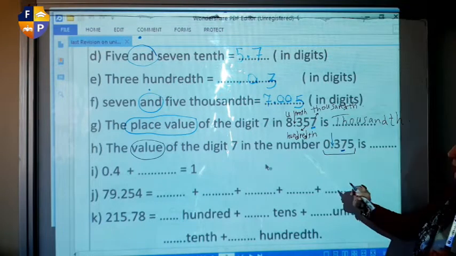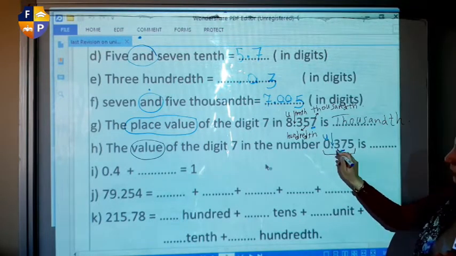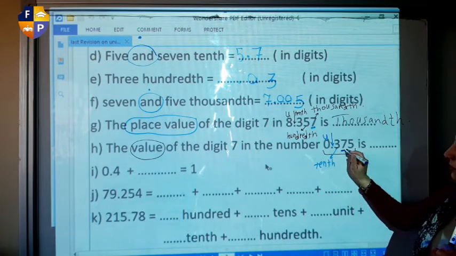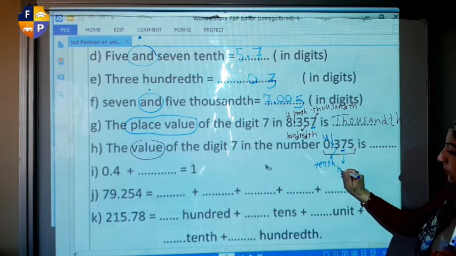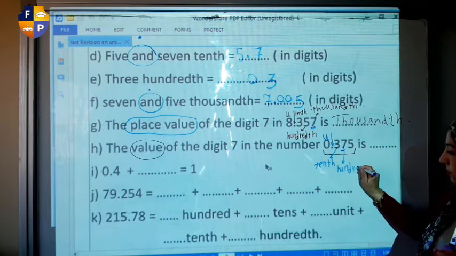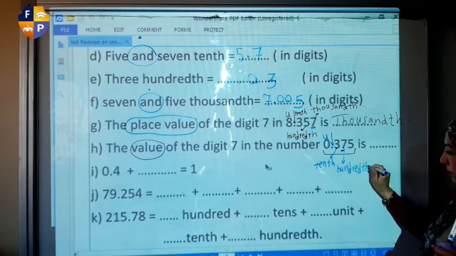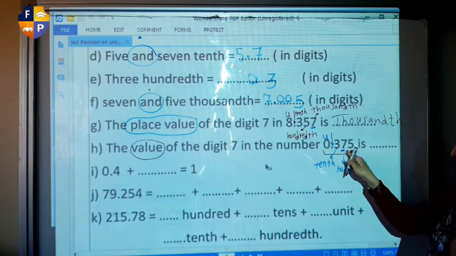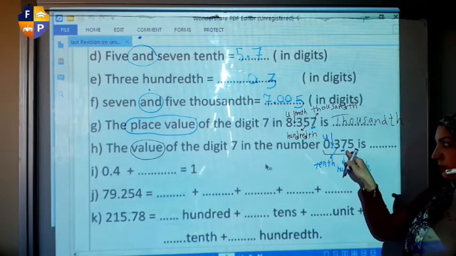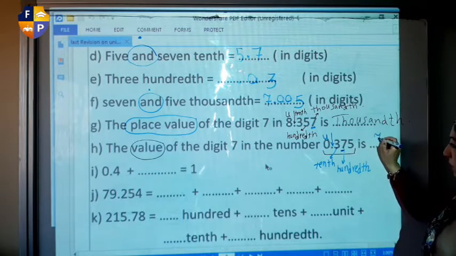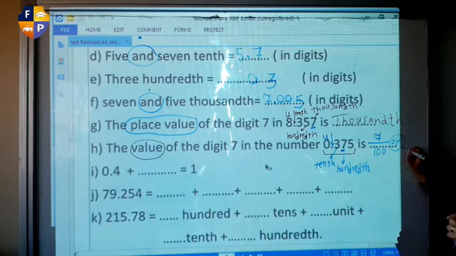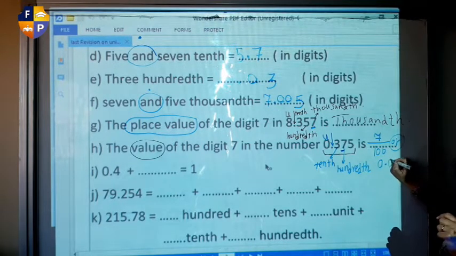Start from the decimal point, 0 in units, 3 in tenths, 7 in hundredths, so the value of the digit 7 can be written in two ways. The first way is 7 over 100 or 0.07.